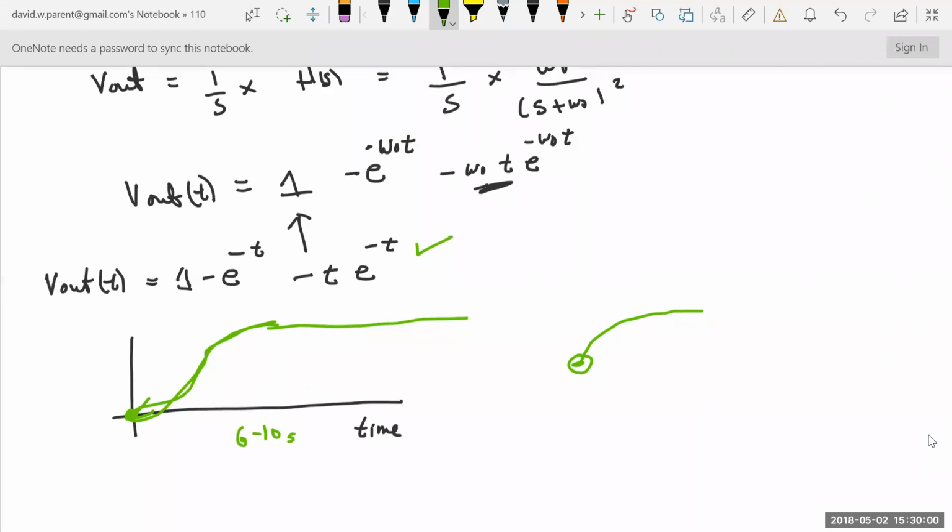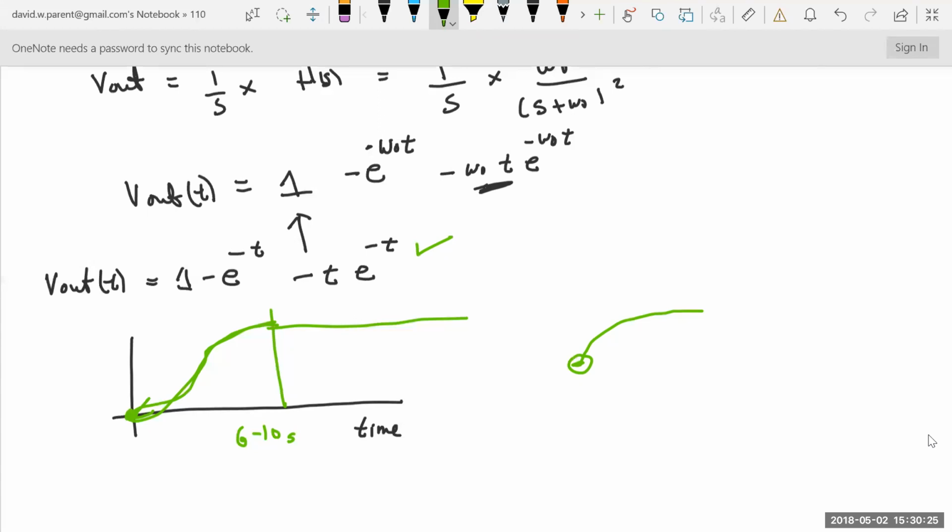But in about 6 to 10 seconds, it'll be here. It's not like there's this universally adopted standard of 5 tau. But I would accept this as an answer because to really plot it, you kind of need a graphing calculator or something.